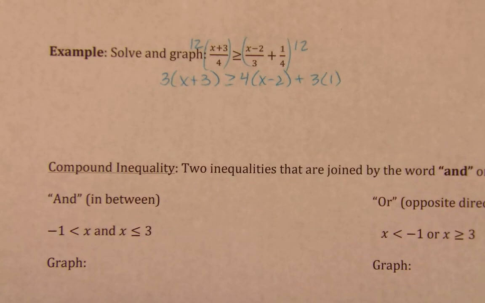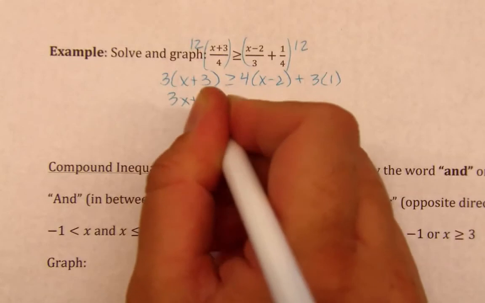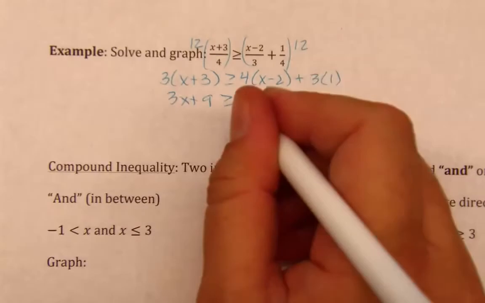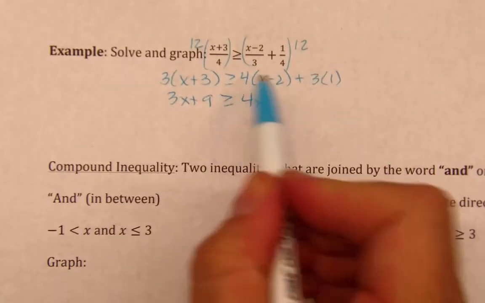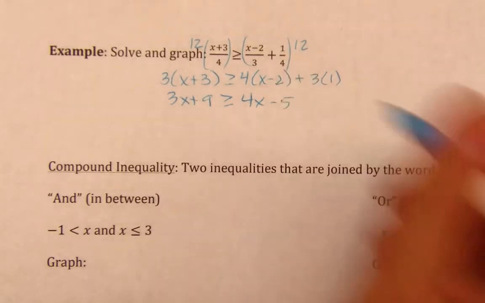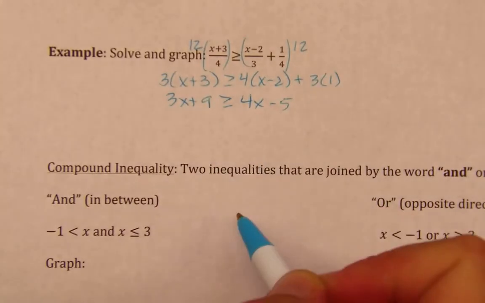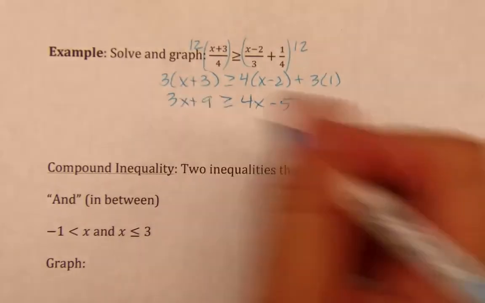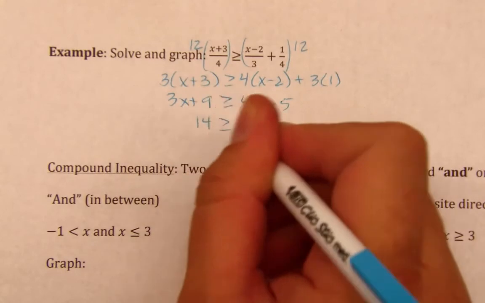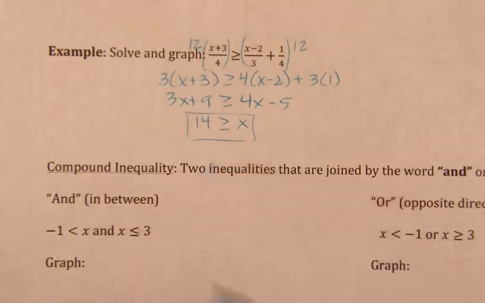And we want to distribute and simplify things here. So on this side we have 3x plus 9 greater than or equal to 4x, and then 4 times negative 2 is negative 8, plus 3 is negative 5. Adding 5 to both sides, subtracting 3x from both sides, we get 14 greater than or equal to x.